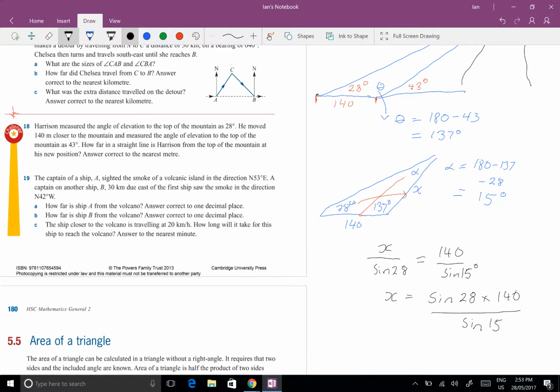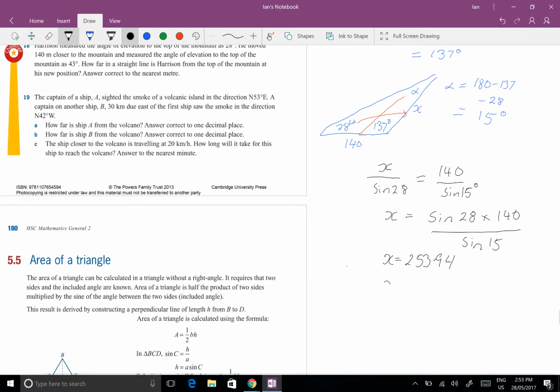And sine 28 times 140 divided by sine 15, we get 253.94 metres. And they want it to the nearest metre, so x equals 254 metres. Let's have a look at the next one.